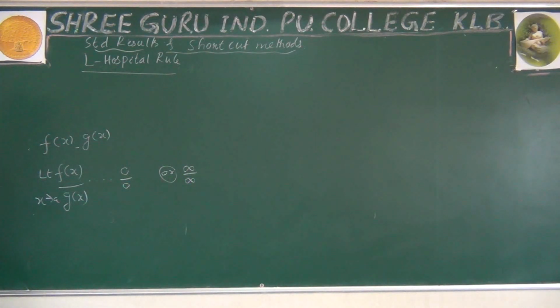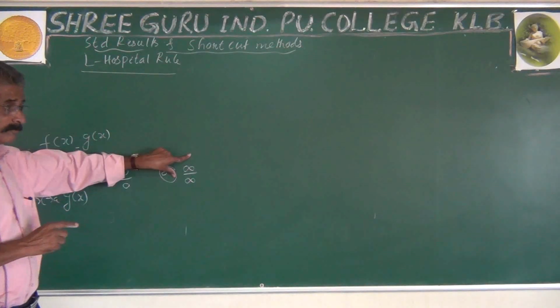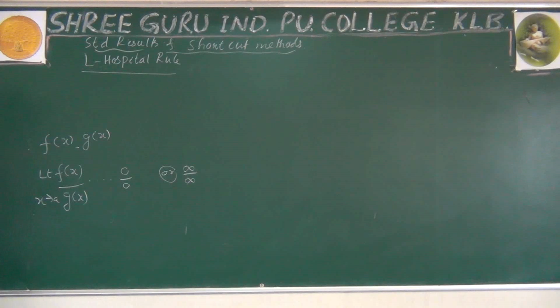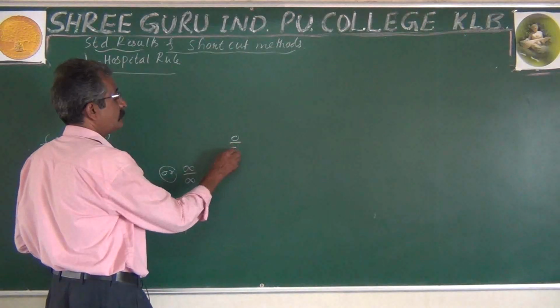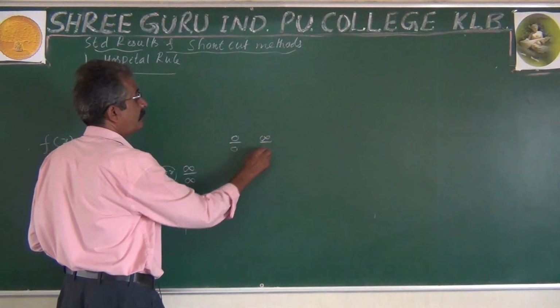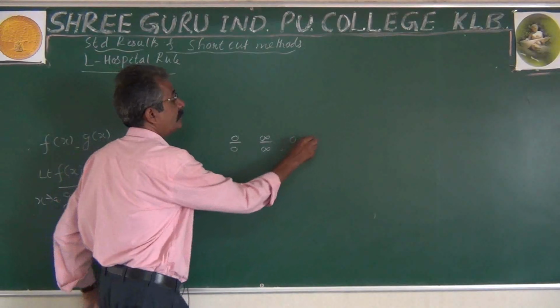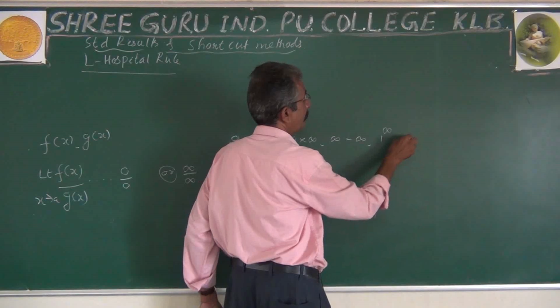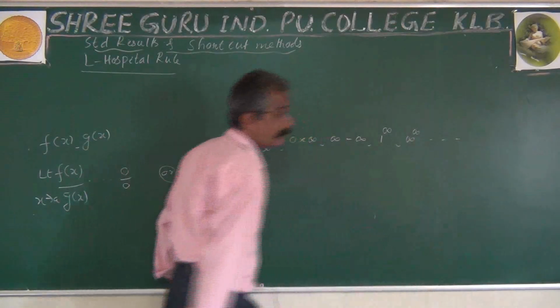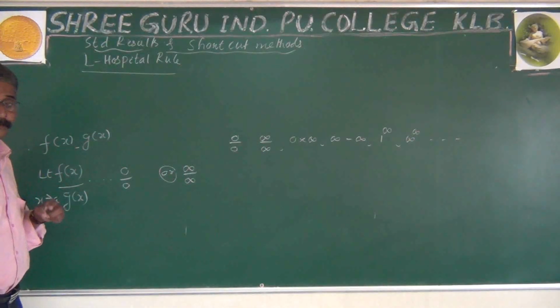So if our limit tends to any one of these indeterminate forms, already we know about indeterminate forms, the mathematical forms whose value cannot be predicted are called indeterminate forms. Among them, the basic one is 0 by 0, followed by infinity by infinity, 0 into infinity, infinity minus infinity, 1 to the power infinity, infinity to the power infinity, etc. These are all called indeterminate forms.